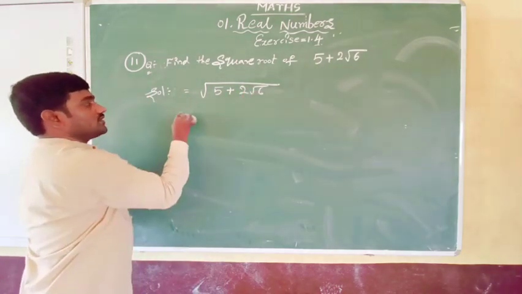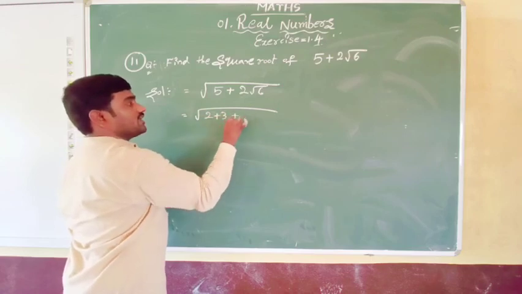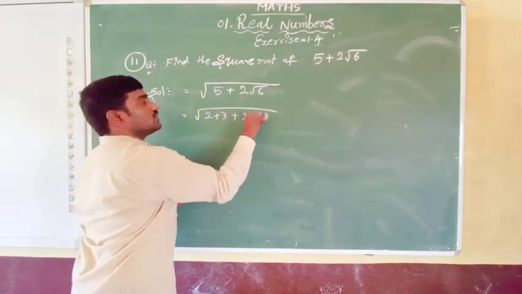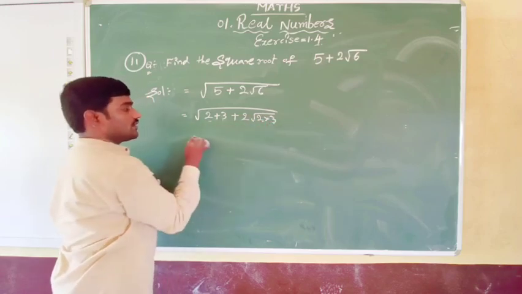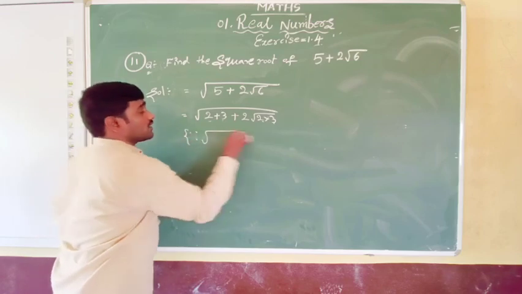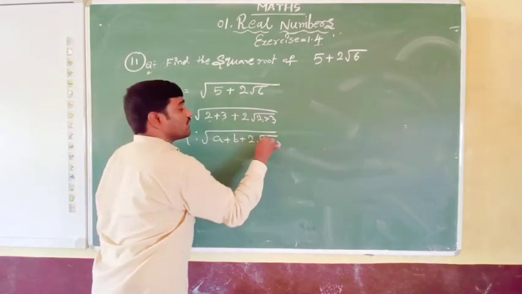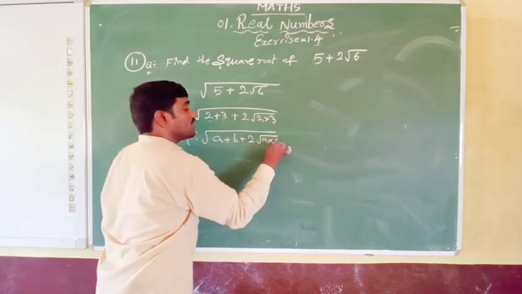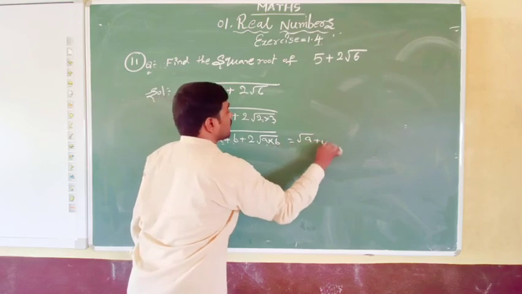This 5 I will write as 2 plus 3, plus this 2 I will write here. This 6 I will write as 2 into 3. Here 2 plus 3, 2 into 3, like in the formula under root of a plus b plus under root of a into b, here a plus b, here a into b, that equals root a plus root b.